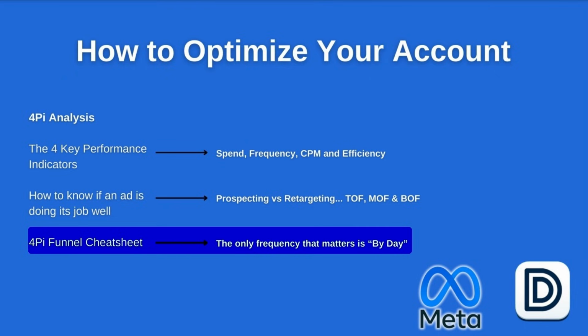Now, this frequency only matters at the by day breakdown level. It does not matter that my frequency is a 3 over the course of a month, meaning that every 28 days somebody sees your ad 3 times. That doesn't mean anything. If your frequency is 3 every single day, it means the average person is seeing that ad 3 times every single day. That actually does mean something.